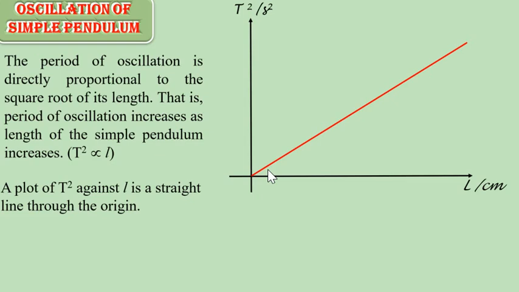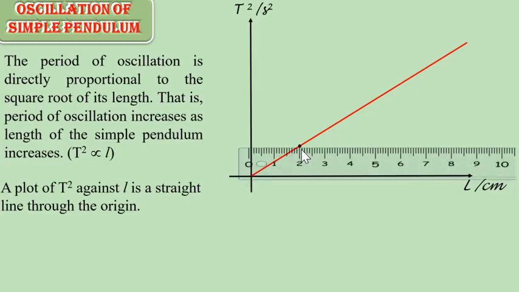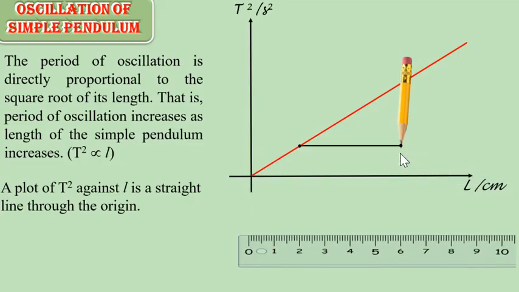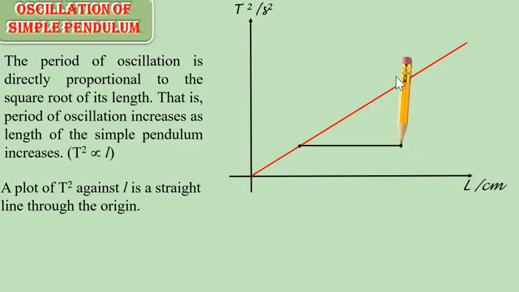In every experiment in physics, we need to get the slope because the slope is very vital in answering questions in that practical or in that experiment. To do that, I take a point, take my ruler, and draw a line from that to this end. Then I draw a vertical line to reach the red line again.